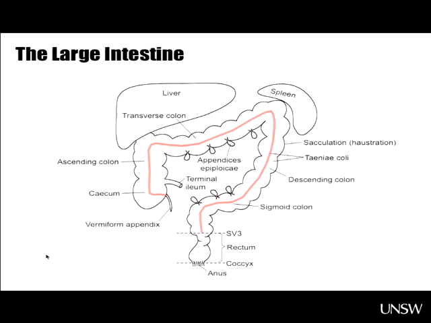We've got the ascending colon, transverse colon, descending colon, and sigmoid or S-shaped colon. And then around about the level of sacral vertebra 3, S3, you have the junction between the sigmoid colon and the rectum. So there's our rectum, that's our next part of our large intestine.